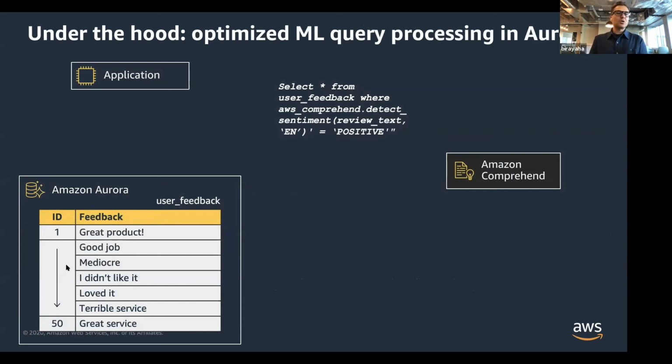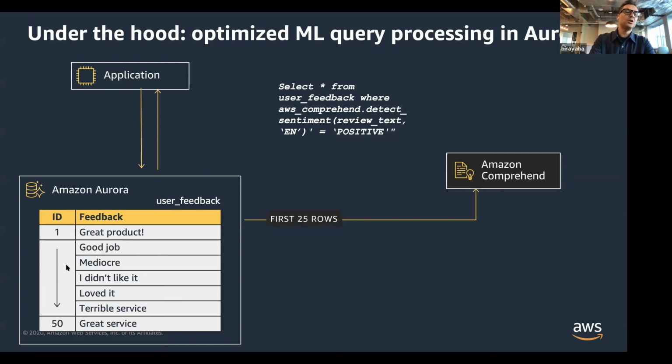Now, I also want to point out another optimization that we demonstrated here. We were making a request, right? In this case, it's Aurora integrating with Amazon Comprehend, but it follows the same pattern when it interacts with SageMaker. You make a call to the application, which returns 50 features, for example, right?